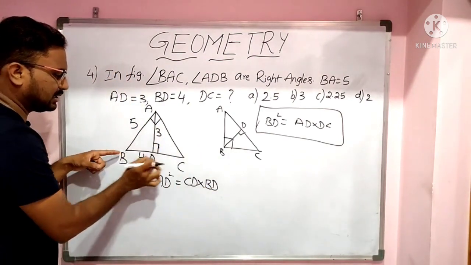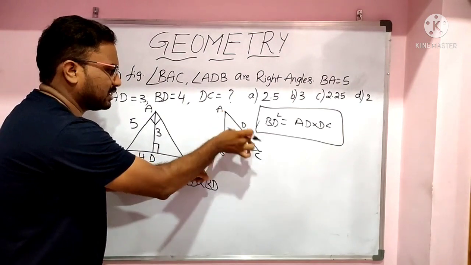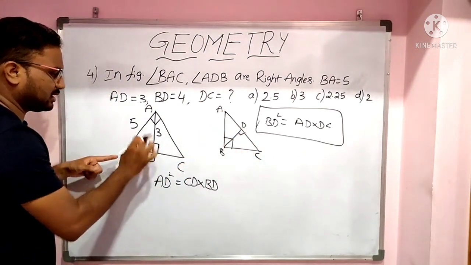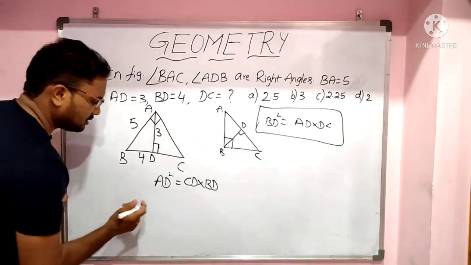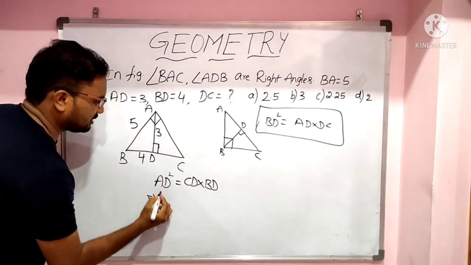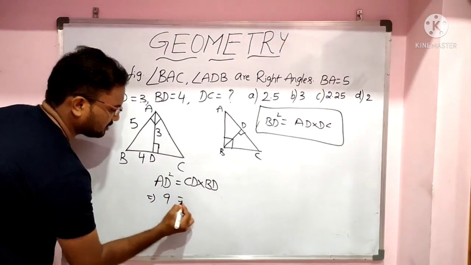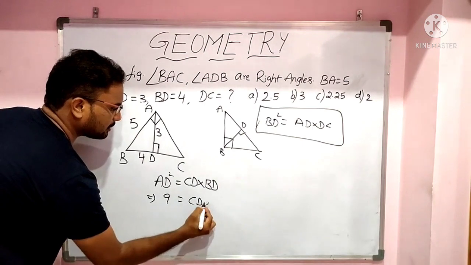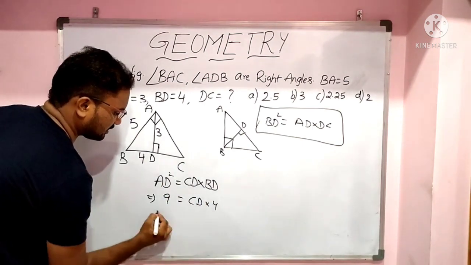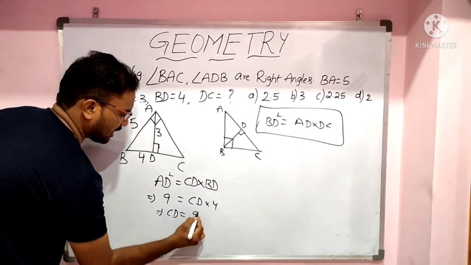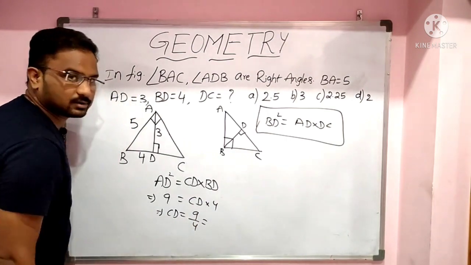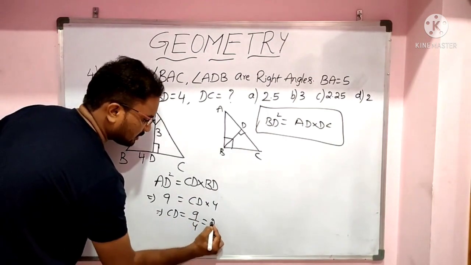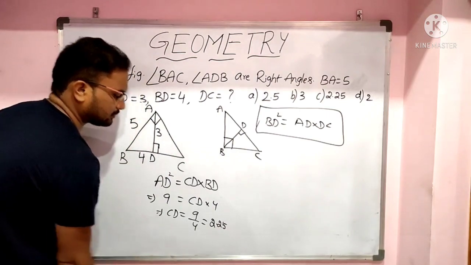So AD value, AD is 3, 3 square is 9, 9 equal to CD into BD, and BD value is 4. So CD equal to 9 by 4. 9 by 4 is 2.25.